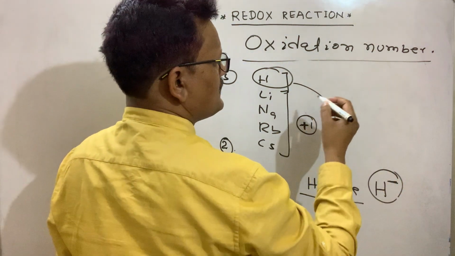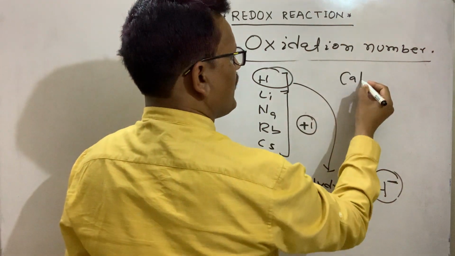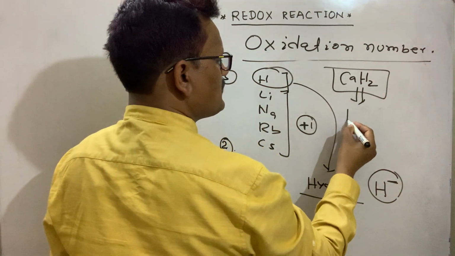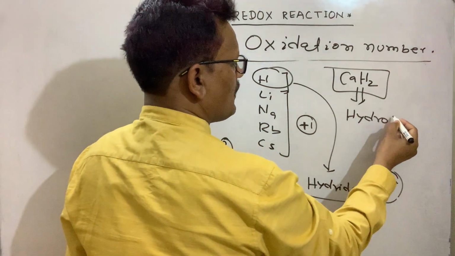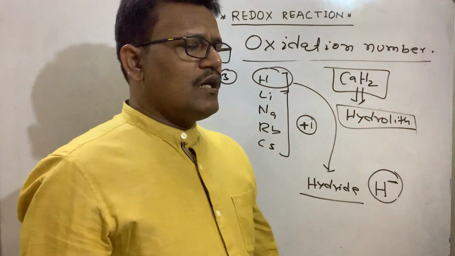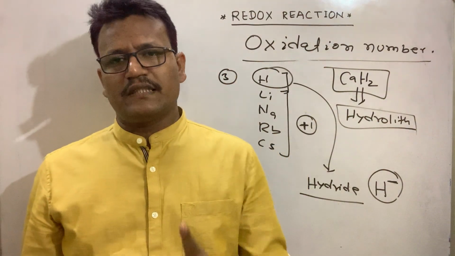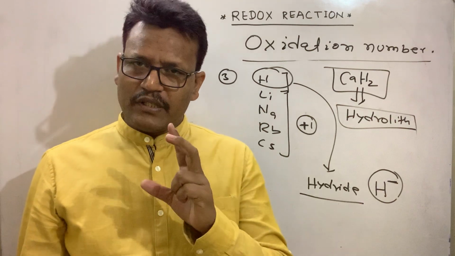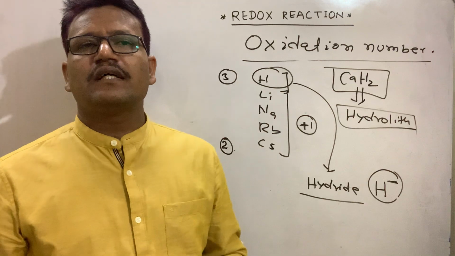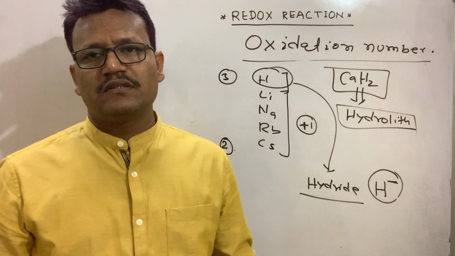You must have seen a very important compound, calcium hydride, CaH2. The common name of calcium hydride is hydrolith. You must remember, usually hydrogen has +1 oxidation state, +1 oxidation number, but in case of hydride, hydrogen has -1 oxidation number.